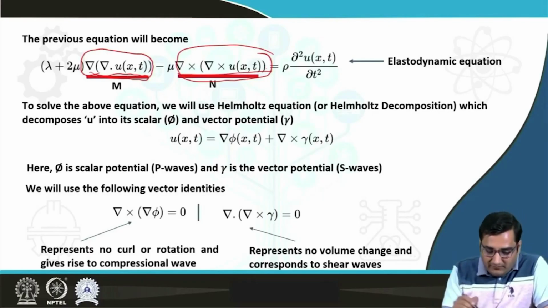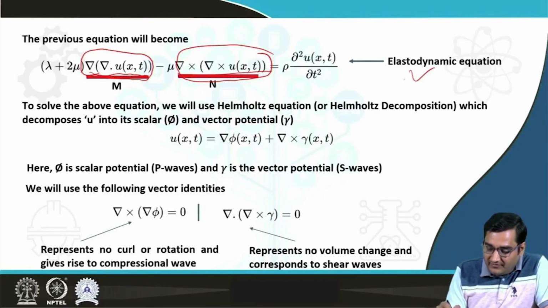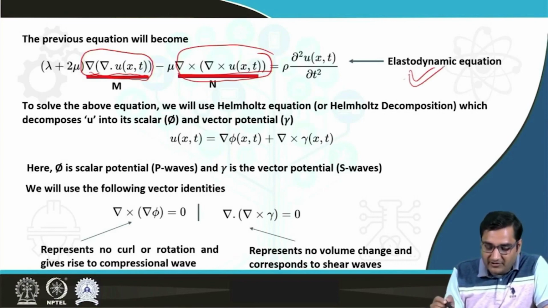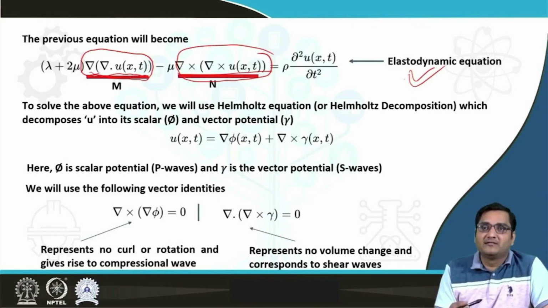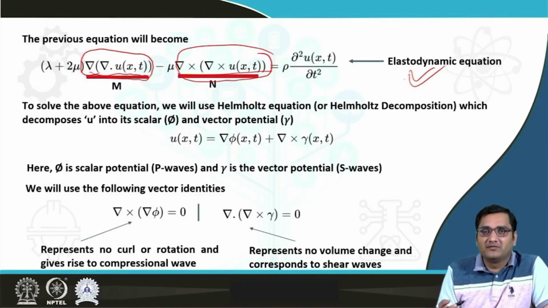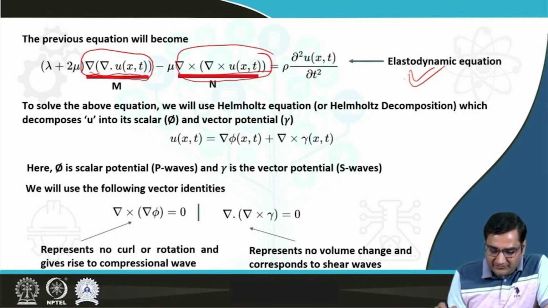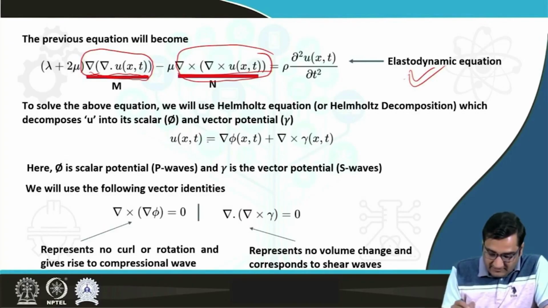And to solve this particular equation in a simpler manner, because we want to relate the displacement field with their respective scalar and vector potentials, we are going to use the Helmholtz decomposition. As per the Helmholtz decomposition, any displacement field can be decomposed into its scalar and vector potential.